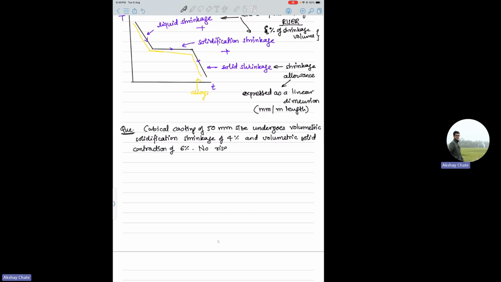No riser is used, and pattern making allowance is not considered.